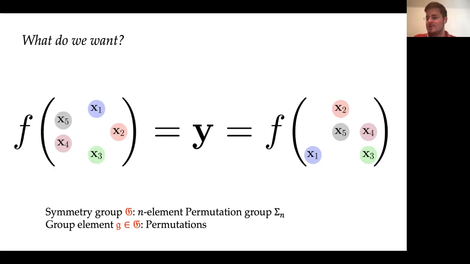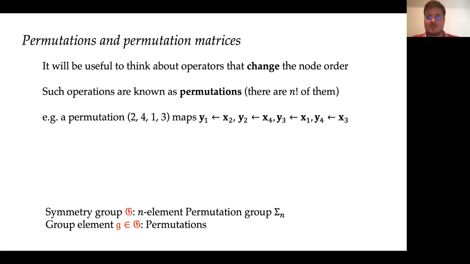And in terms of the geometric deep learning blueprint, this translates to using the n-element permutation group as our symmetry group G, and the different group elements within this symmetry group will be permutations. So a permutation will change the order in which we see the elements in the set, and we want our neural networks to be resistant to this.